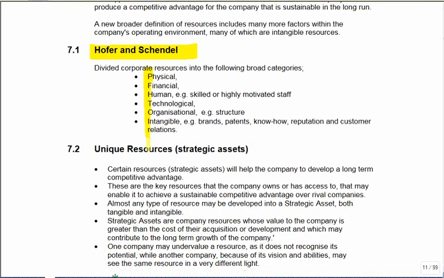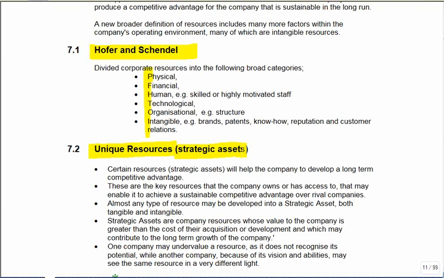Now, I've made a small point down the bottom, which is if there are any unique resources, so if you have anything that your competitors don't have, then that gives you a really, really good opportunity to do something that puts you in a better position than your competitors. And so this is described as a strategic asset.